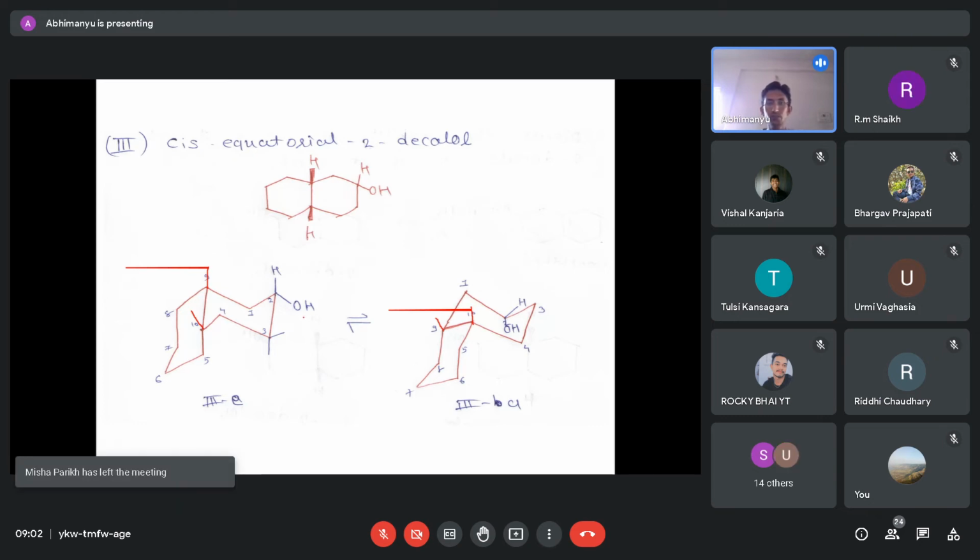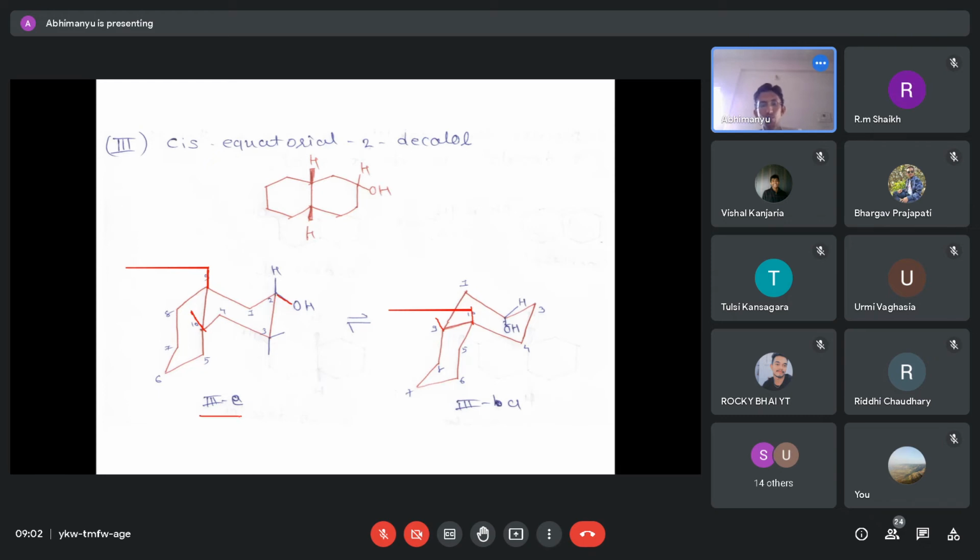If you focus on these two structures, first we will focus on the one with one axial, two equatorial, and OH at equatorial position. This structure is known as 3 equatorial.